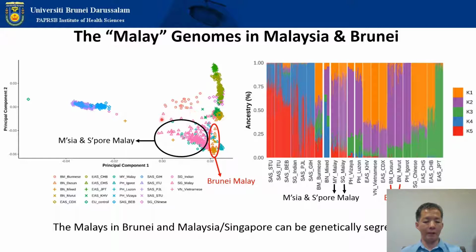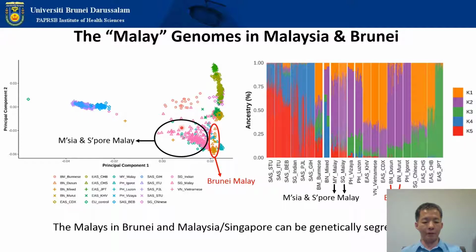So as you can see in the principal component analysis and the admixture analysis here, the Malays in Brunei and the Malays in Malaysia and Singapore can actually be segregated into two different groups.